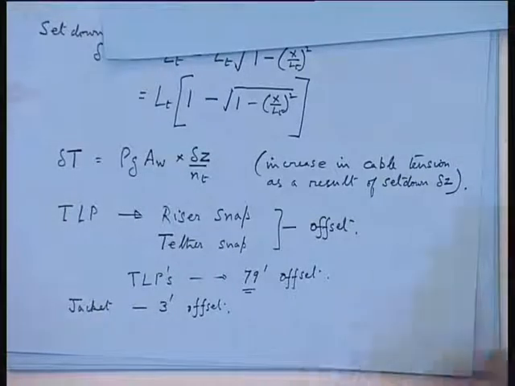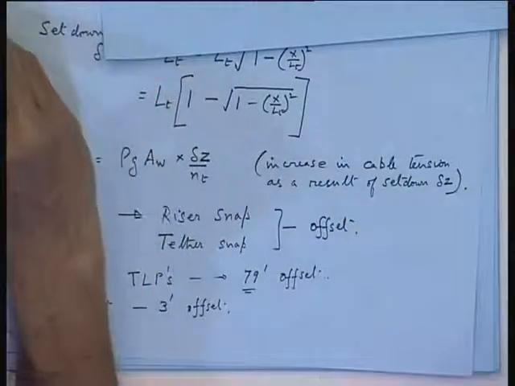So, remember, if you go on board a TLP, 79 feet going this way, that way. So, the next day you will say, you pray to God, you will get out of the TLP. Anyway, so that we will continue with our discussion.